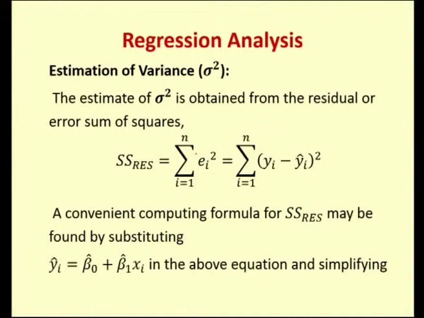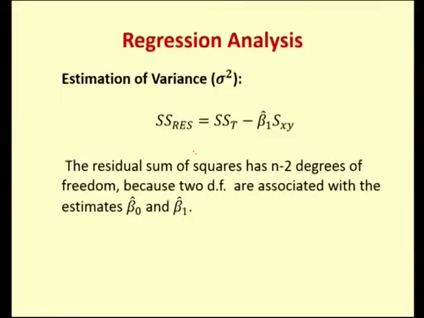A convenient computing formula for SSRES may be found by substituting yi cap is equal to beta naught cap plus beta 1 cap xi in the above equation. See here, beta naught cap and beta 1 cap are nothing but least square estimators for the intercept and slope, and by simplifying this equation we get the sum of squares due to residual error as SST minus beta 1 cap SXY.